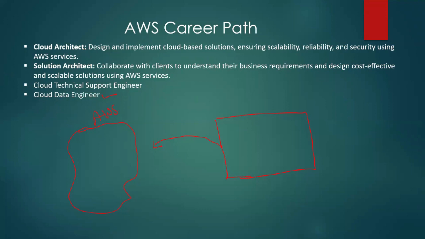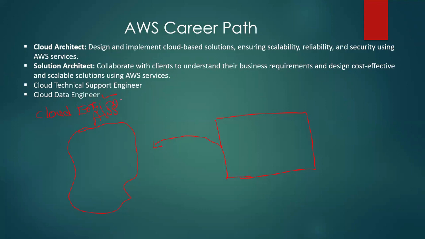Like, let's say they want an AWS Lambda function using Python, which will copy data from one AWS bucket to another AWS bucket. Those kinds of things will be done by a cloud engineer. So these are entry level jobs.